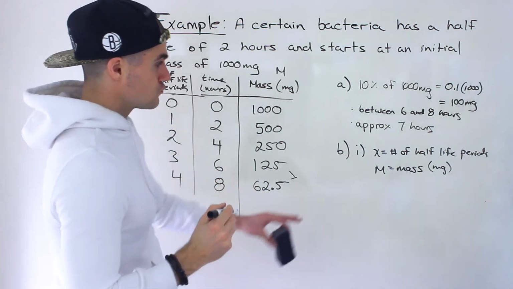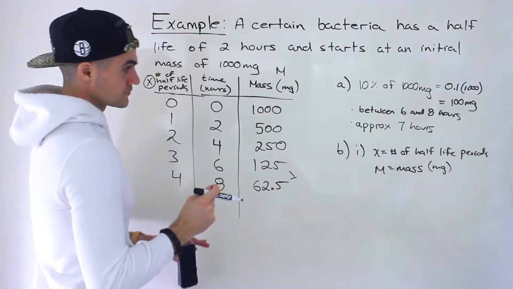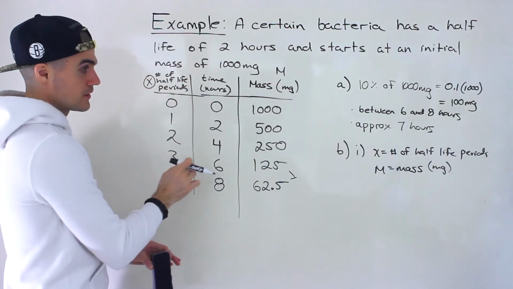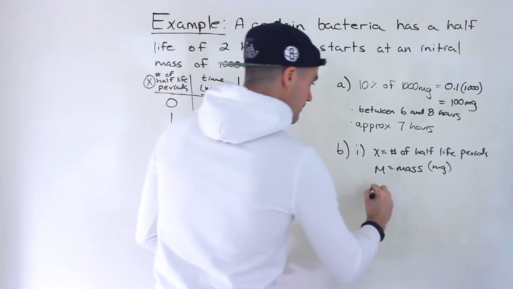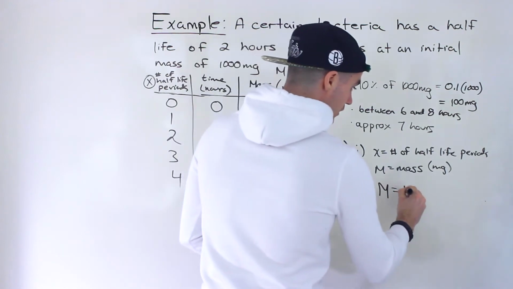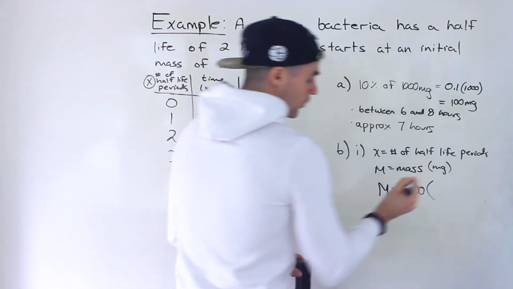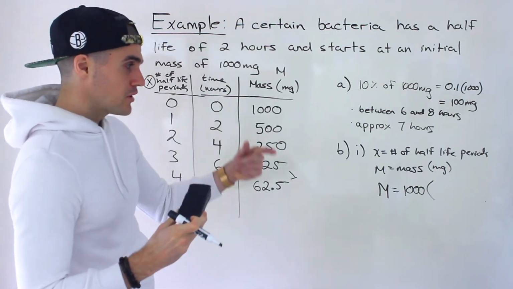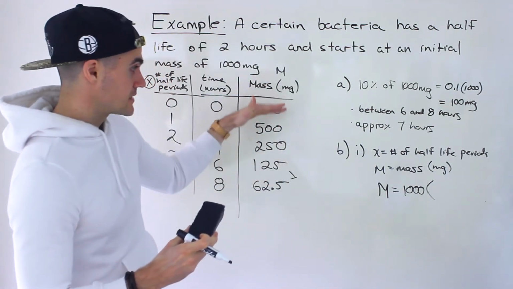And so to represent an equation for part one here, where x is this column, we can say that the mass is going to be equal to the initial population of 1,000. Now, what's the base going to be? I mentioned this in the previous video. In the previous video, we were doubling, right? The bacteria was growing.